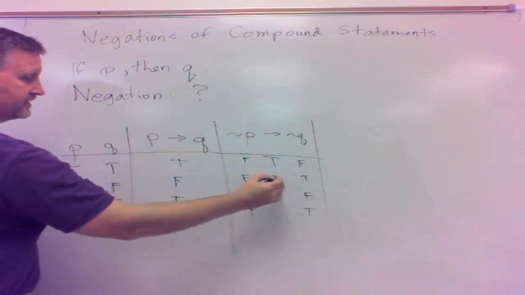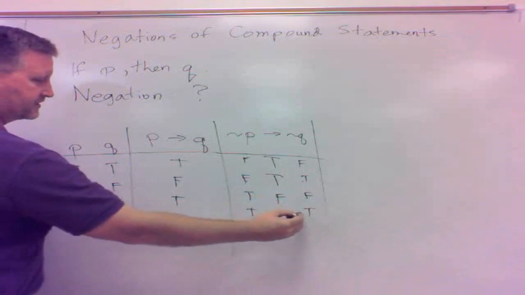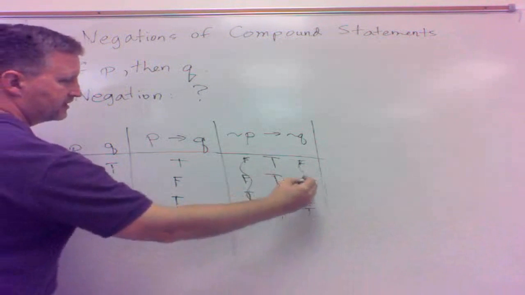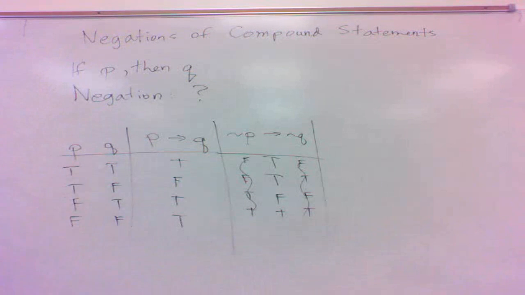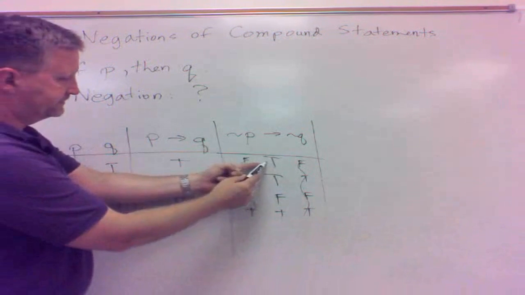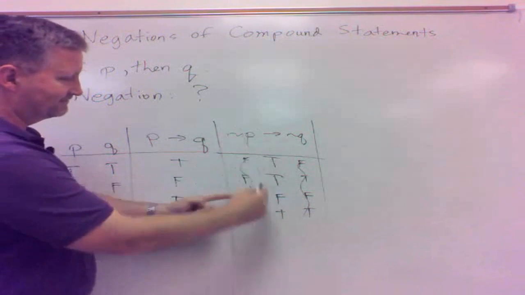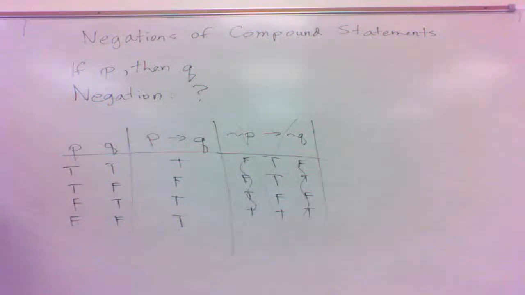F arrow T is true. T arrow F is false, and T arrow T is true. Not the opposite. For that to be the negation, we needed F, T, F, F. Well, it's not even starting right. It starts with T.